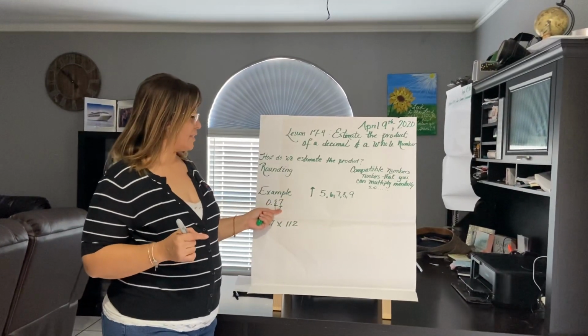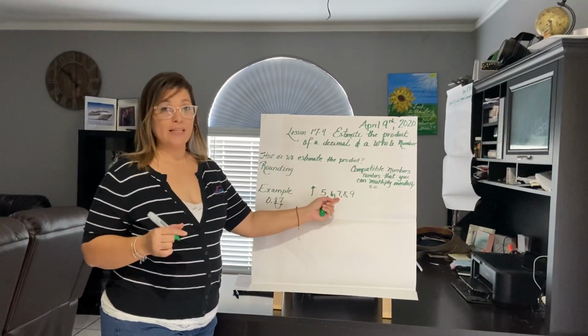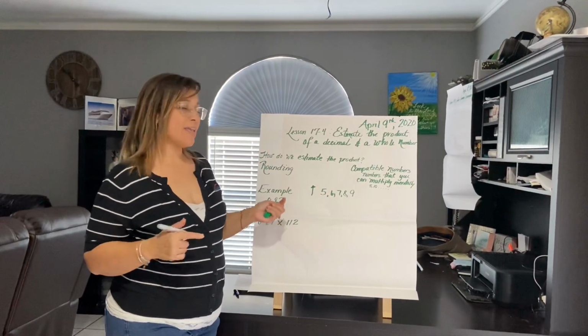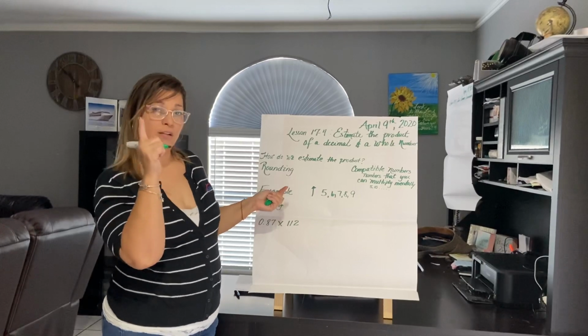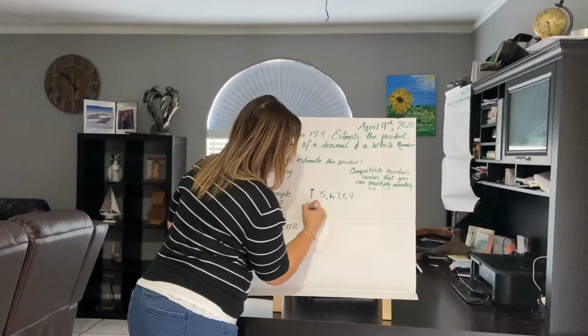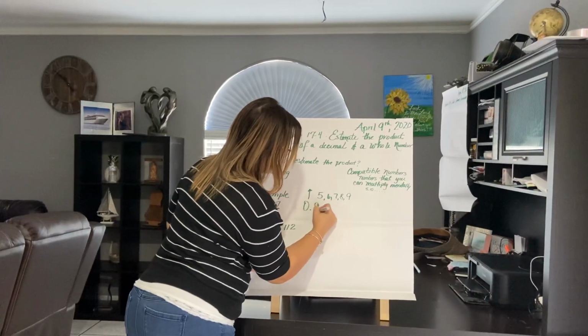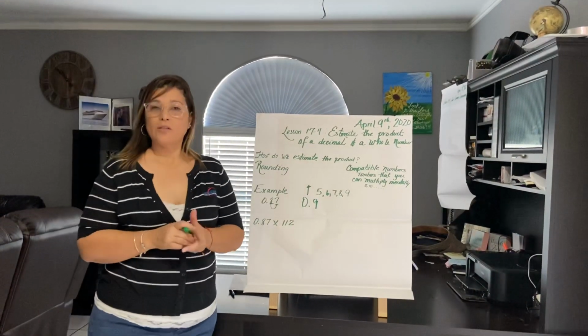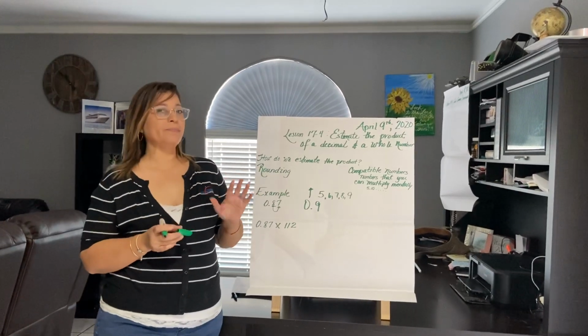So if we look at 7, 7 is an indicator that my number is going to go up. So if we have an 8, if it's going to go one more, it's going to be 9. Good job. 9. So you guys are understanding a little bit?